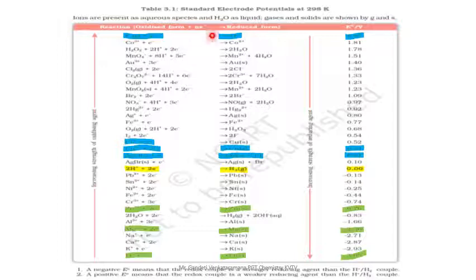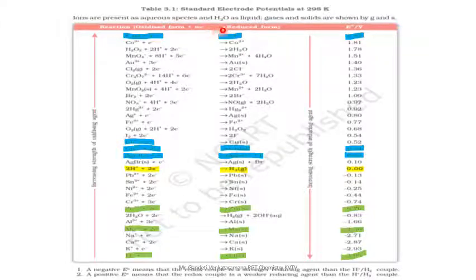Standard electrode potentials. The table is given here. All this is experimental data. For example, reaction: oxidized form plus number of electrons gives rise to reduced form. That means in this format we are adding electrons, and when we add electrons, that is reduction.